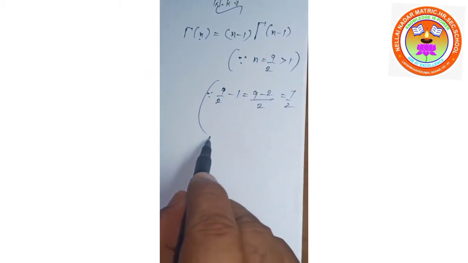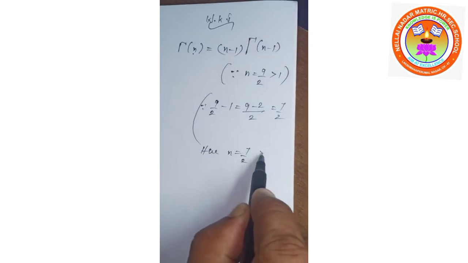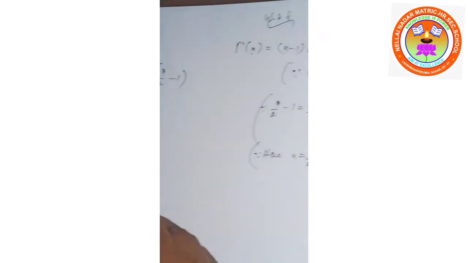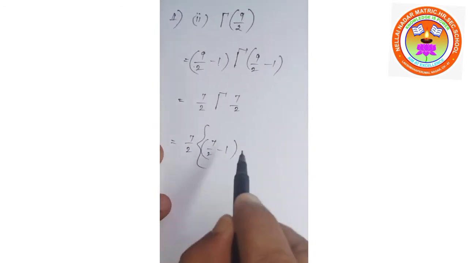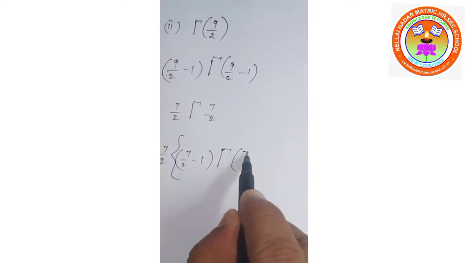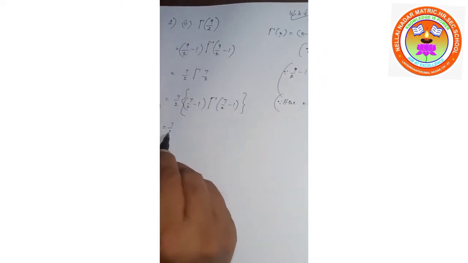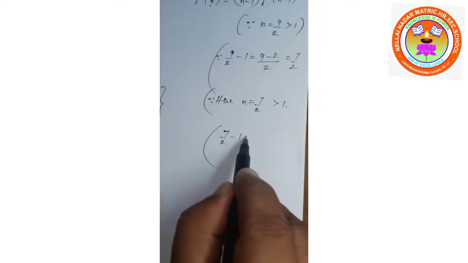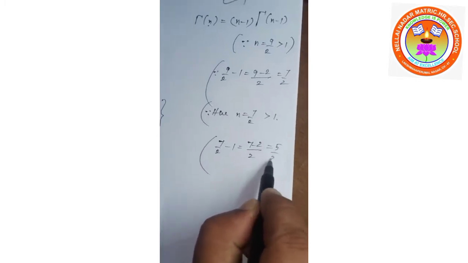Now n equals 7 by 2, that is also greater than 1. Substitute in the same formula: 7 by 2 minus 1 gamma of 7 by 2 minus 1. Write 7 by 2 as it is. 7 by 2 minus 1 is 7 minus 2 by 2, that is equal to 5 by 2.